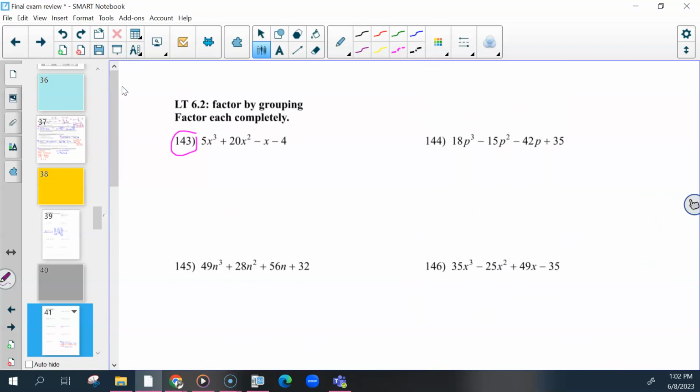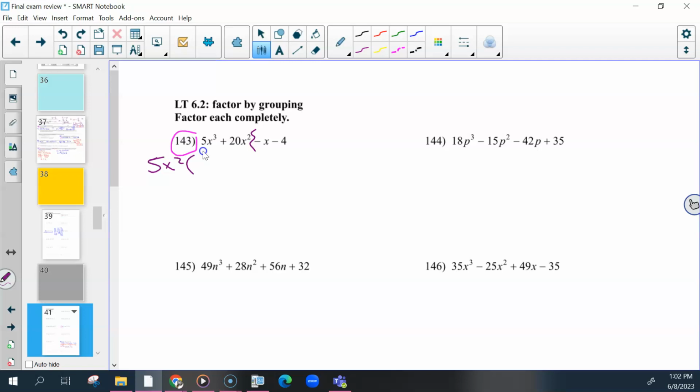Same as the other one, look and see, is there something we can divide out of everything? No. Nothing of everything, something of maybe the first two or the last two. So then split it down the middle, find the GCF of the first two. Would it be 5x squared? Yes. So look, they both have x's, and then look at the lowest exponent.